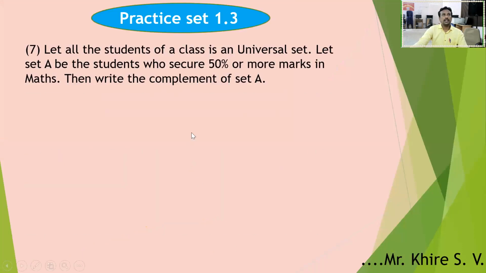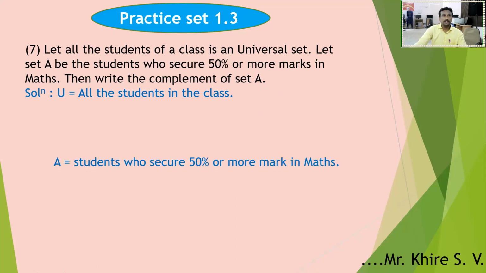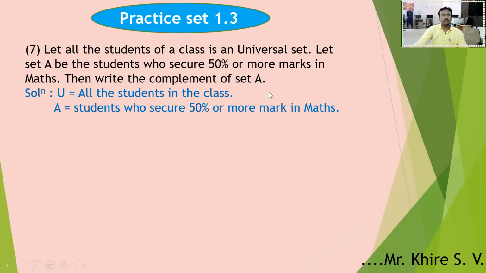Next, the last question: let all the students of a class be the universal set. Let set A be the students who secure 50% or more marks in maths. Then write the complement of set A. Now, U is the universal set, which means all the students in the class. Set A is the students who secure 50% or more marks in maths.